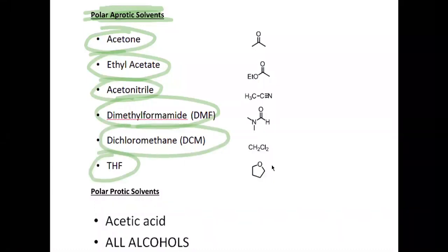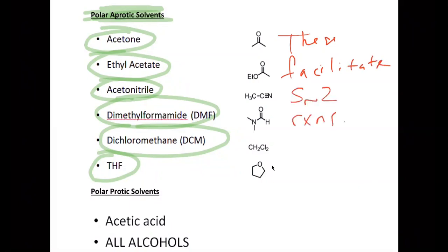If you see any of these solvents, they're going to facilitate SN2 reactions, right? In the examples we did up top, you had acetone and you had dichloromethane. Both of those are aprotic.